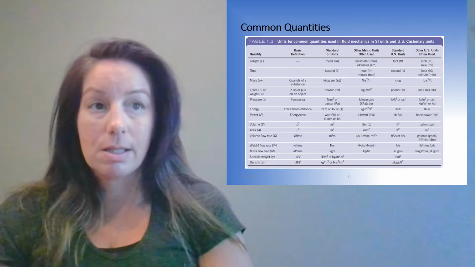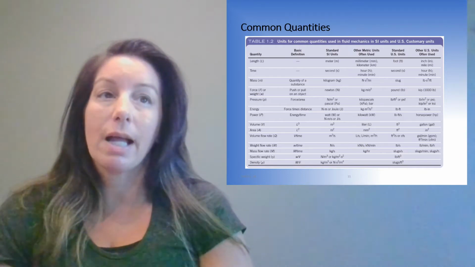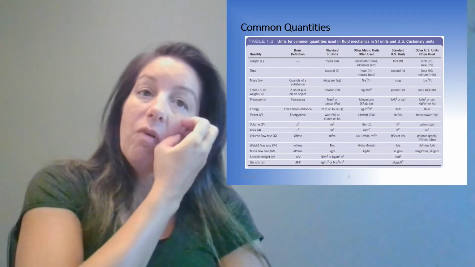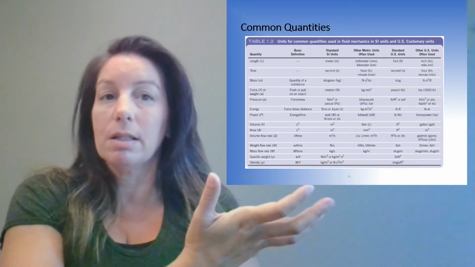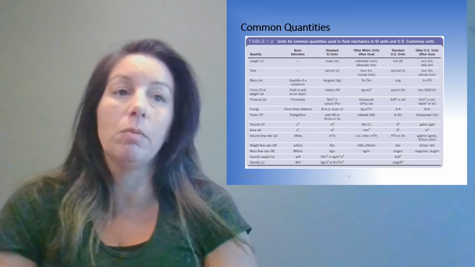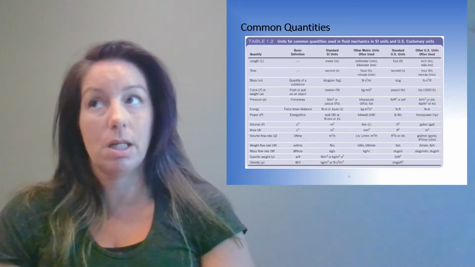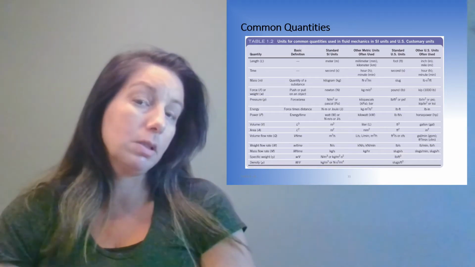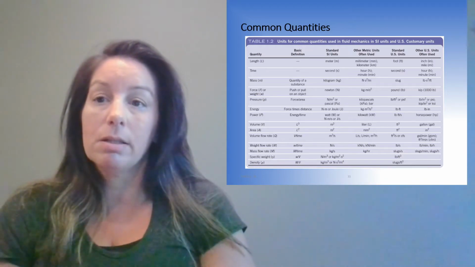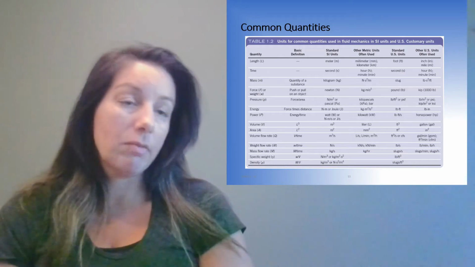We'll get into all this. Or pound-foot per second in imperial. Volume is length cubed: meter cubed, foot cubed, inches cubed, millimeters cubed. Area is length squared: meters squared, millimeters squared, foot squared, inches squared.